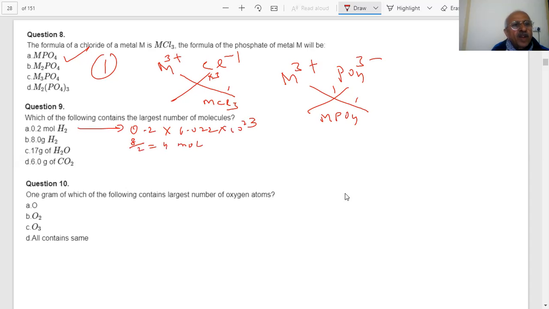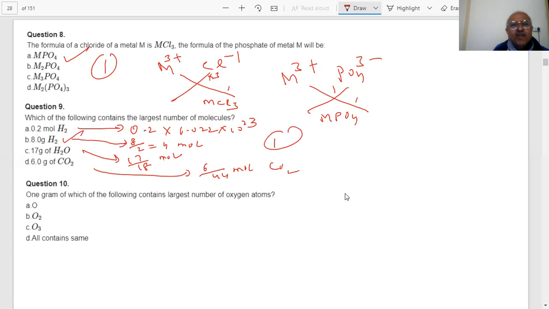So 17 gram of water will contain 17 by 18 moles, and 6 gram means 6 by 44 mole of CO2. So which is the correct answer? What answer have you given? B part. B is the correct answer, students.